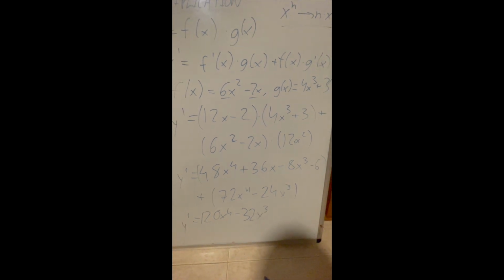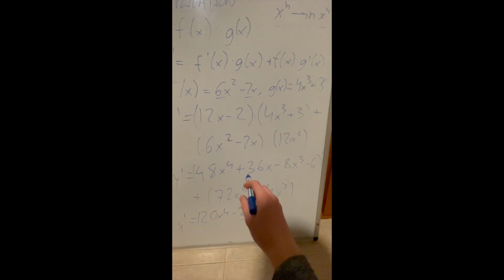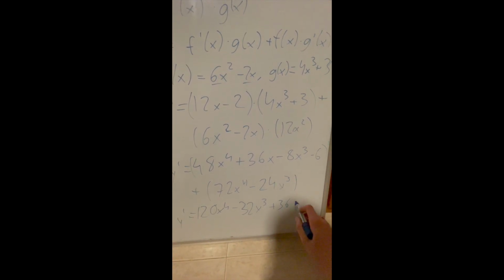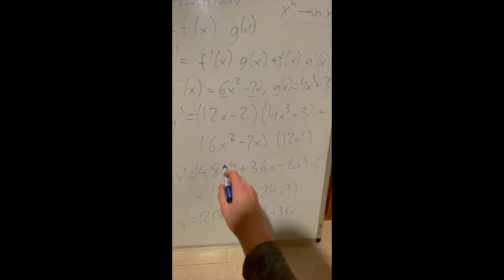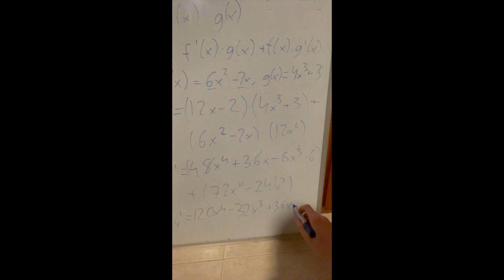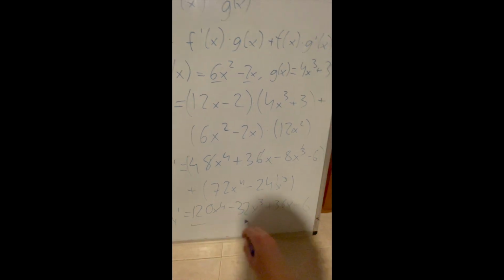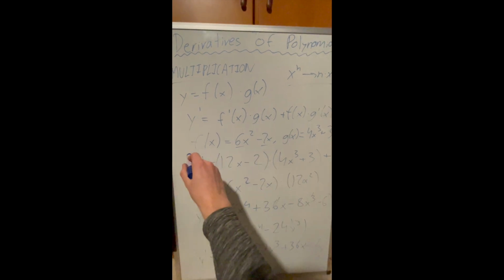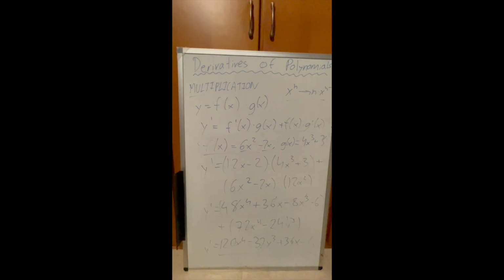And then we add 36x, and then we have this out, and we're just missing minus 6. So this is our derivative for multiplying these two functions.